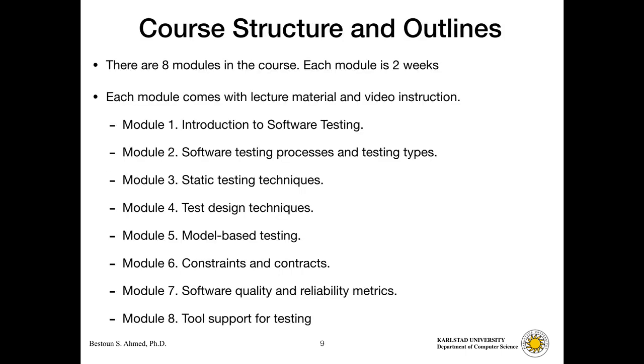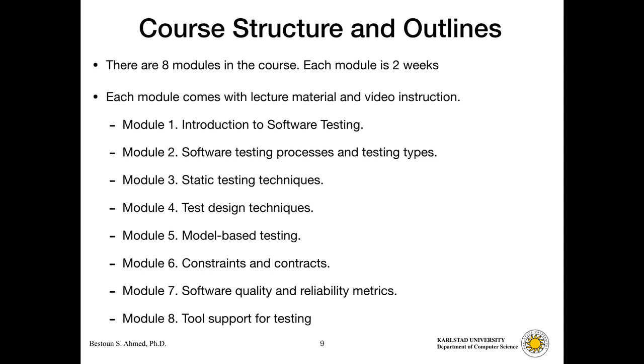Now, as I said, we have 8 modules in this course. Each module will take around 2 weeks. Module 1 is just an introduction to software testing. We will tell you what software testing is in general, and then we will go specifically into the processes of software testing, and which kinds of tests we have, the types of software testing.